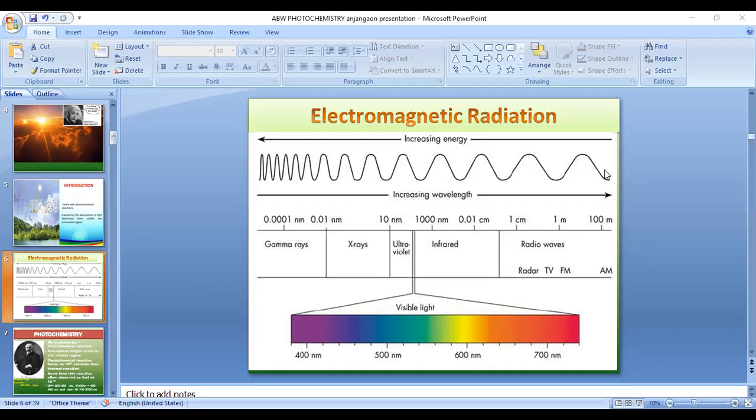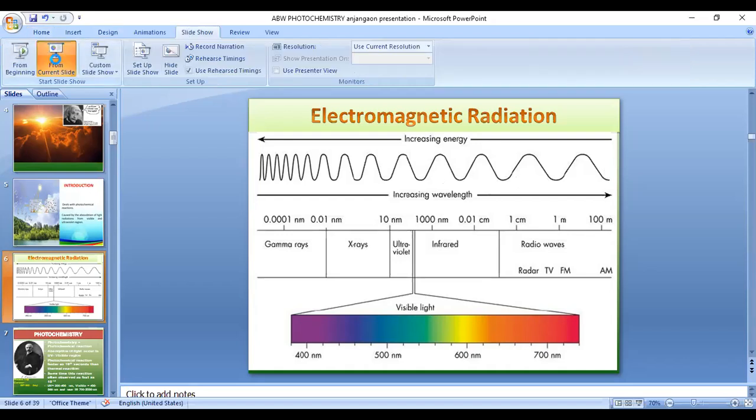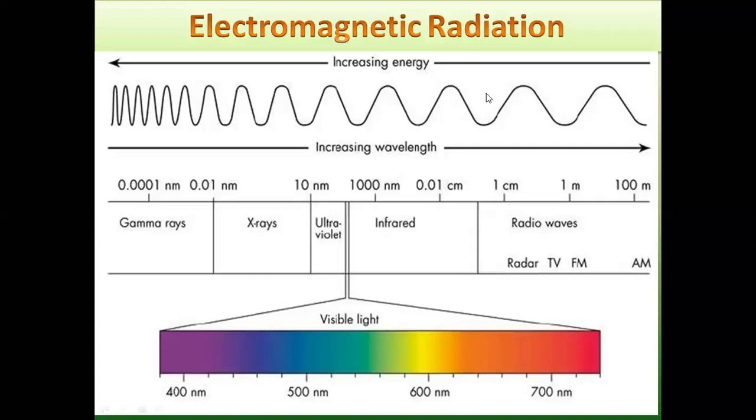Wavelength is the distance between two crests, or crest and trough. So this wavelength goes on increasing.